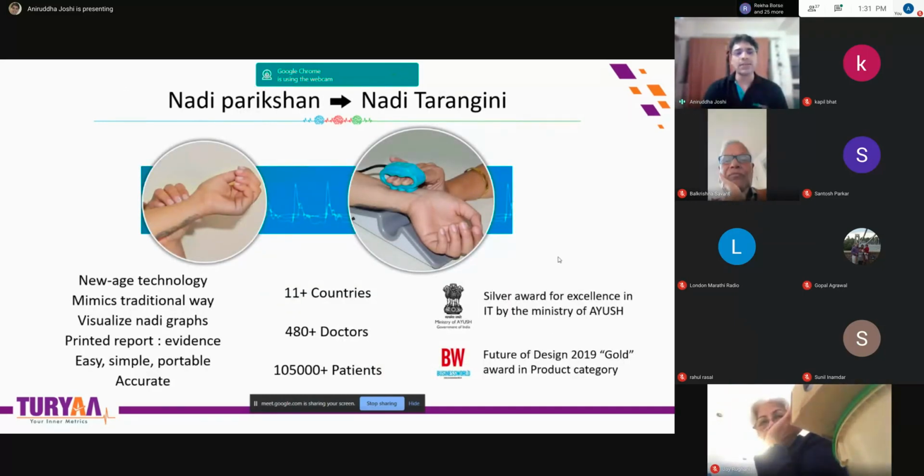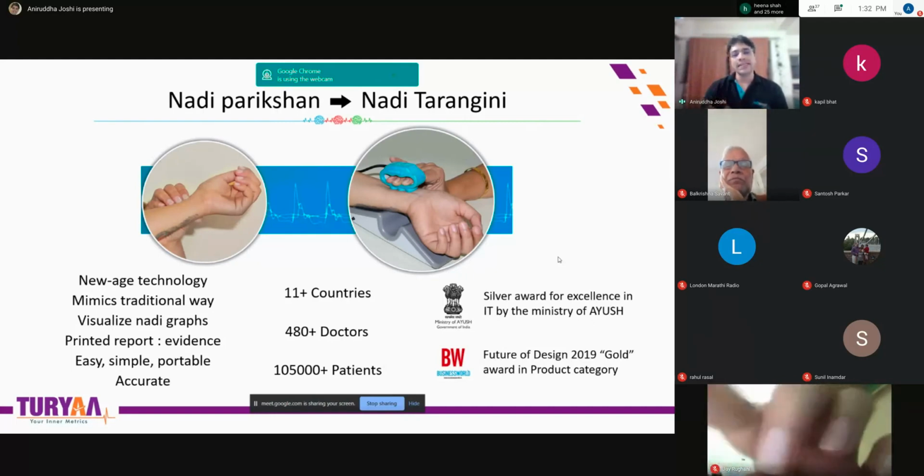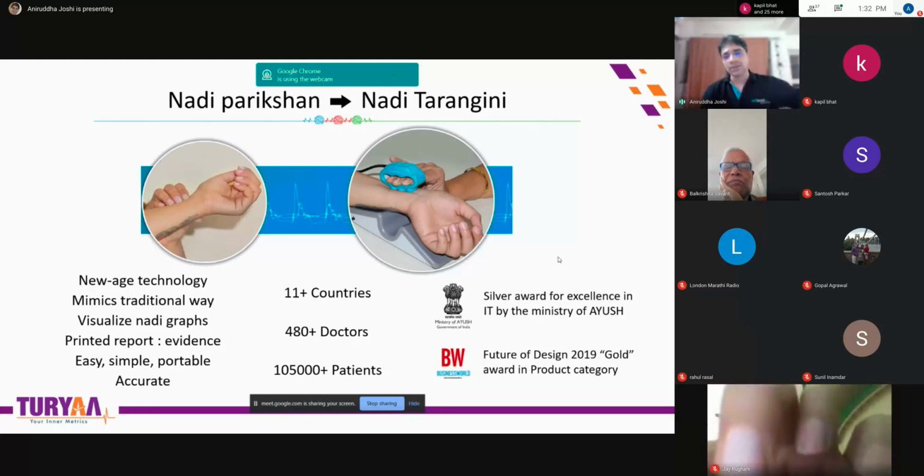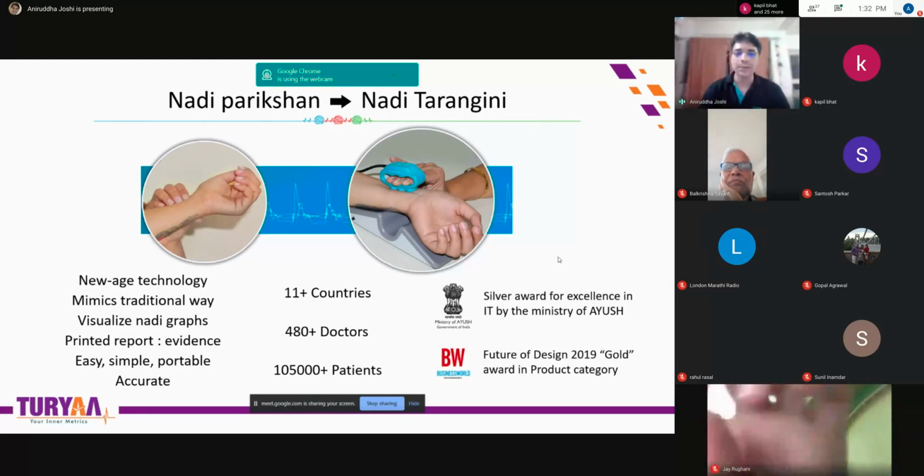On the left-hand side, you can see the Vaidya manually feeling the nadi using 3 fingertips. Instead of that, I have a patented assembly with 3 pressure sensors, which we put at the wrist location, and from there you get 3 pulse waveforms, similar to the 12 leads of an ECG.